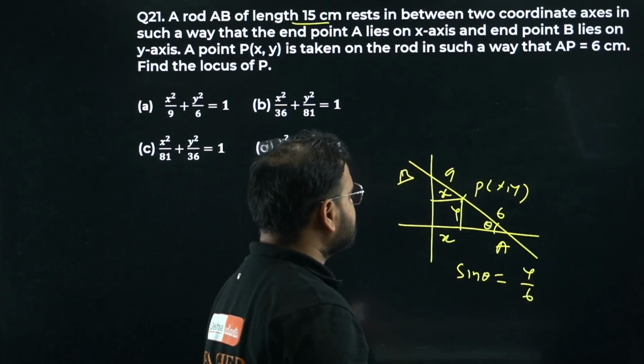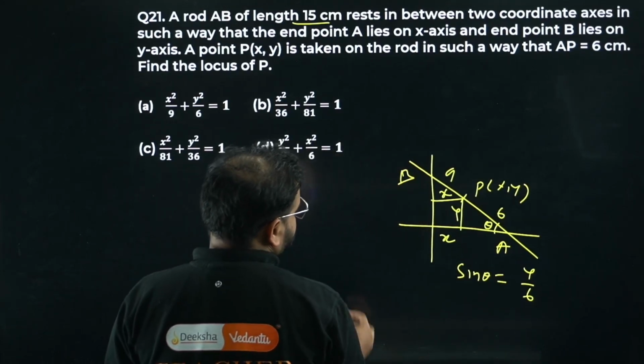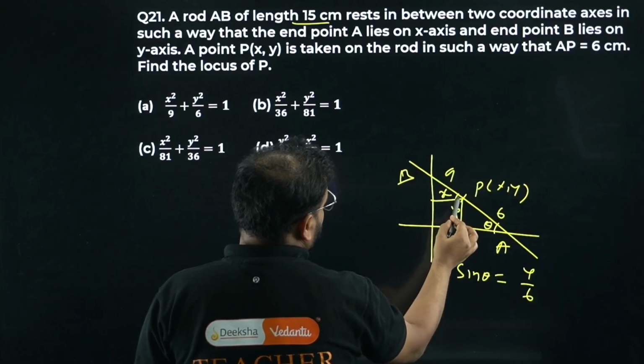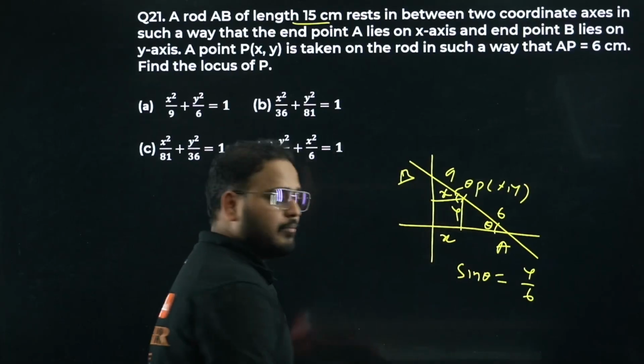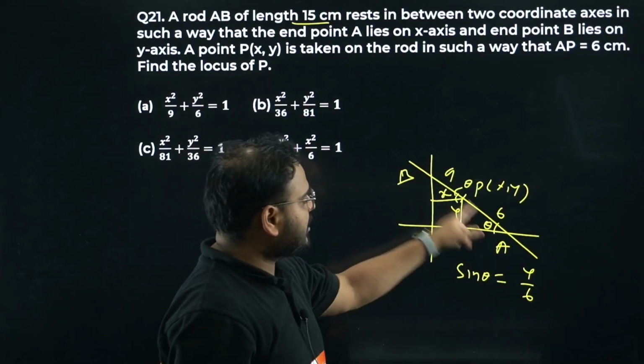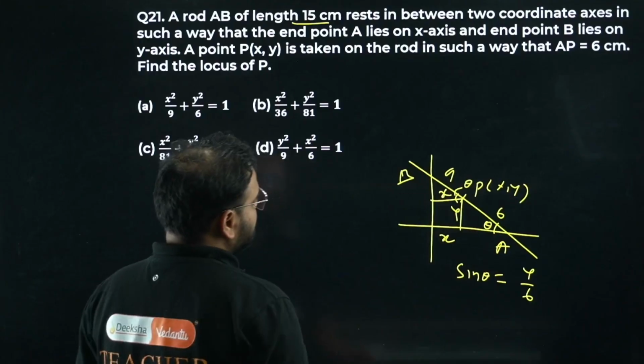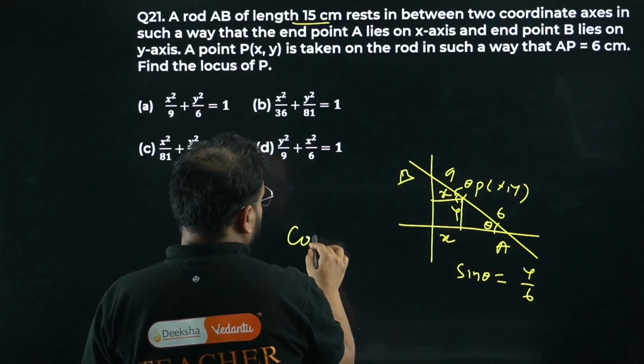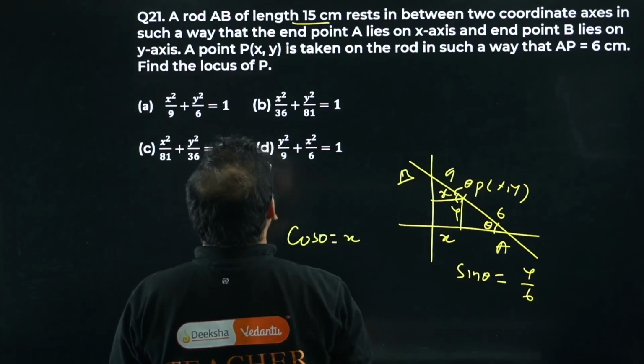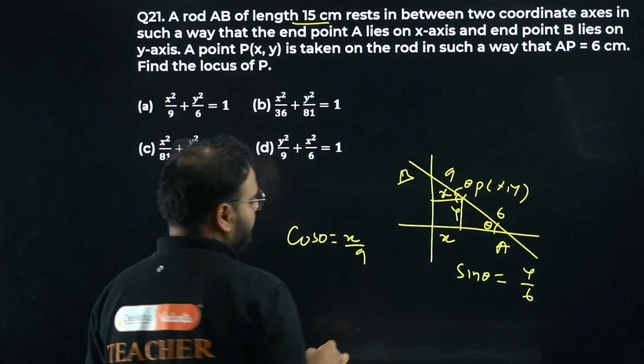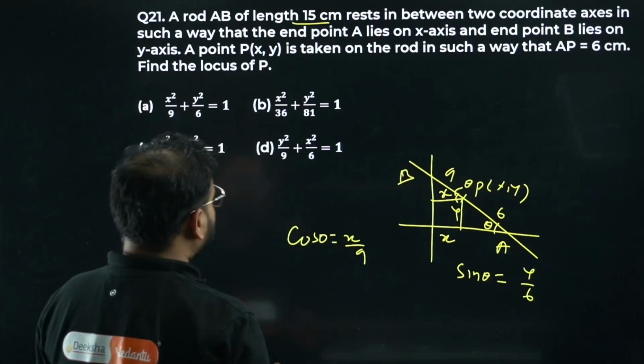Y upon 6. Okay. And in the same way, for this angle, it will also be theta, right? Because they are corresponding angles, parallel lines. So for this, you'll have cos theta equals x by 9. Let's square and add them up.